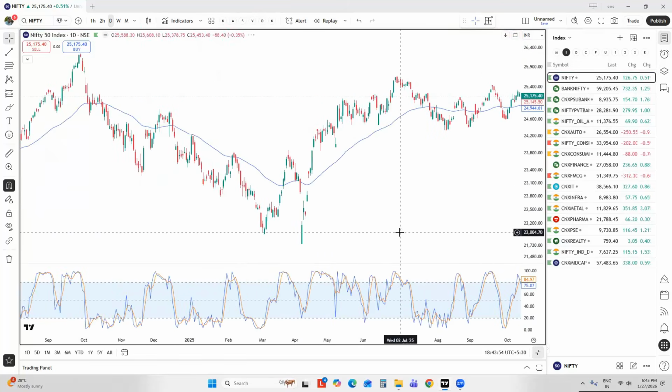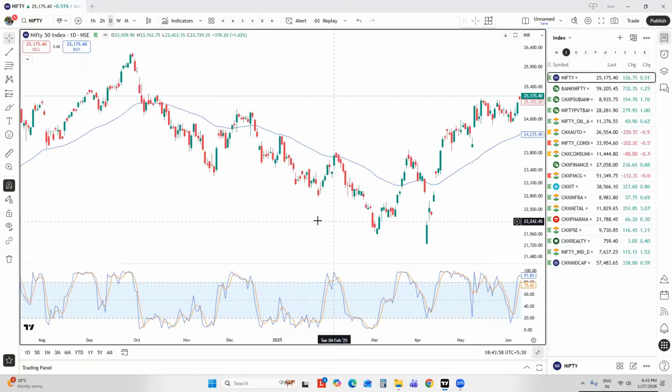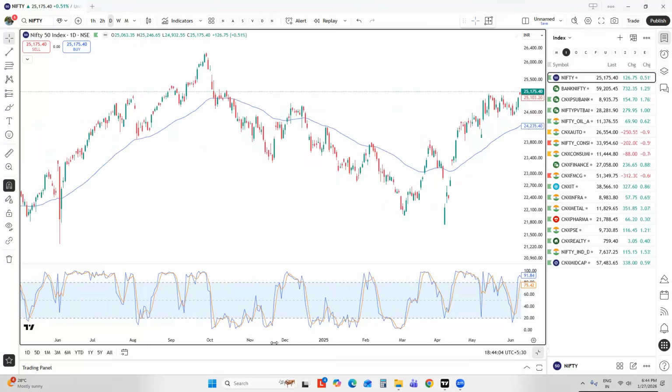Before I go to the stochastics, first let's understand the rule for the moving average. The simple rule is whenever the price is trading above the moving average on a closing basis, because this is the daily time frame chart, by the way.